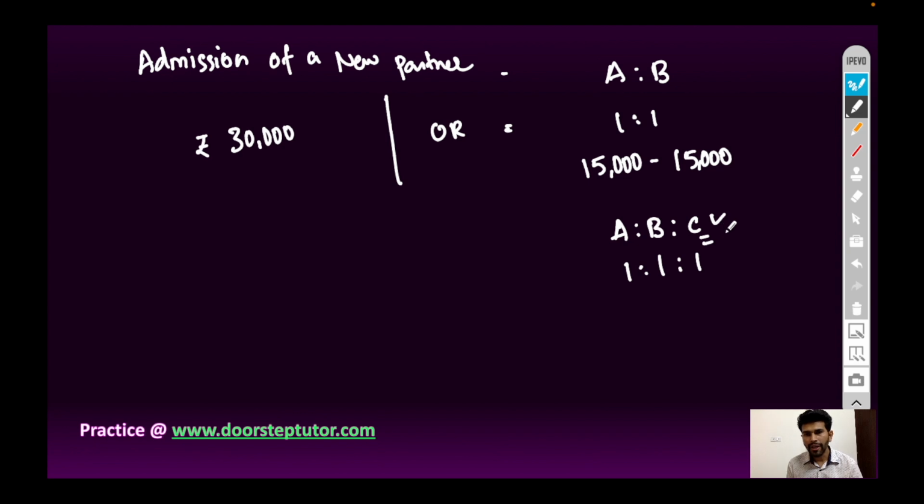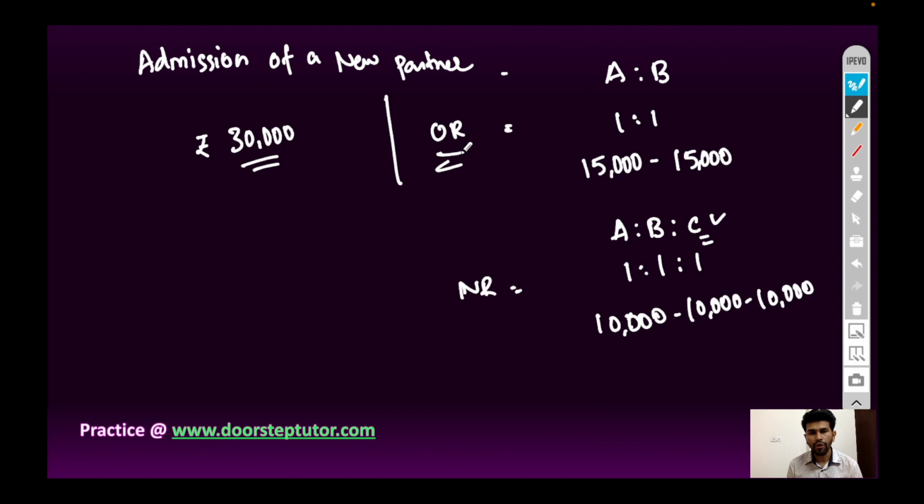Here we have assumed that Mr. C is also an equal partner. In this case, new ratio will be 1 is to 1 is to 1. And now this 30,000 will be distributed among each partner: 10,000 rupees, 10,000 rupees, 10,000 rupees.